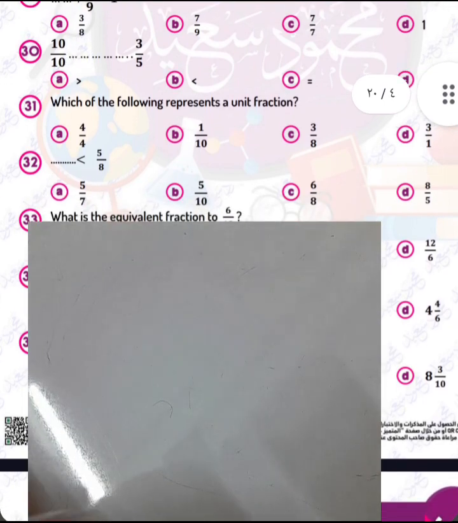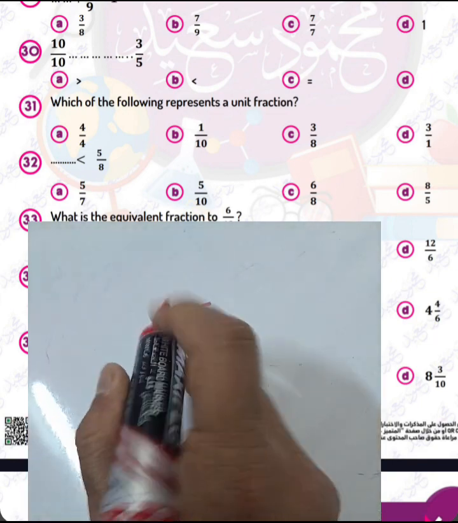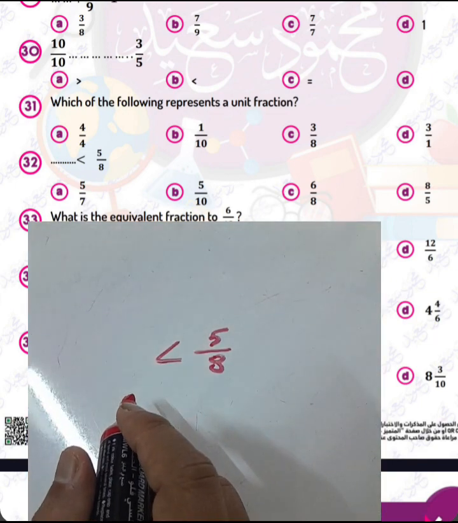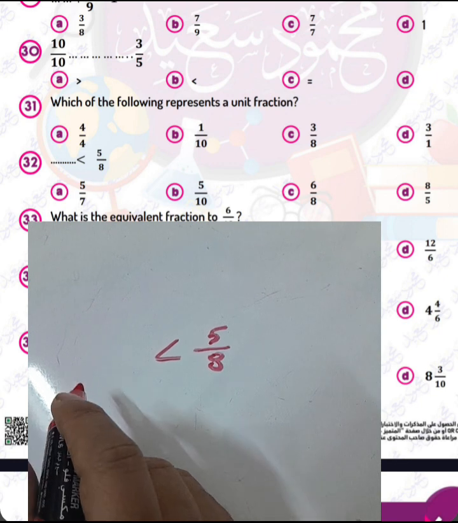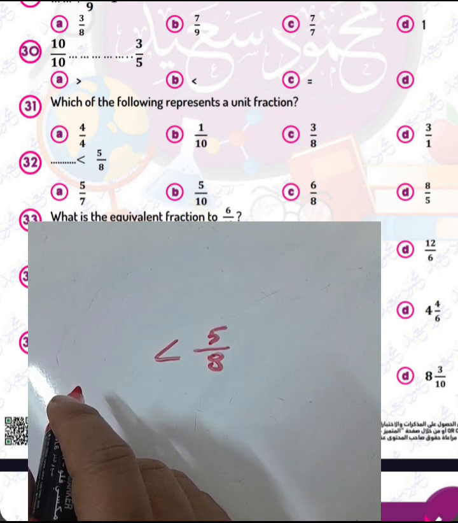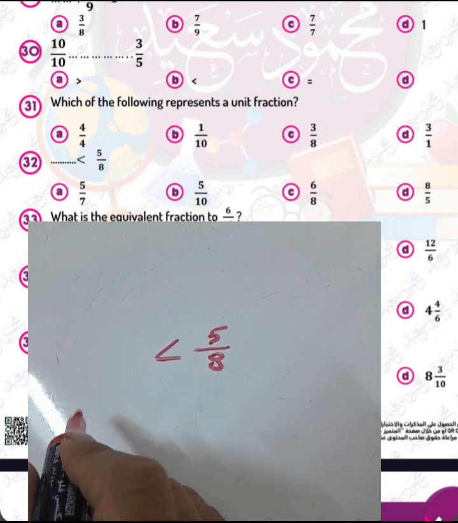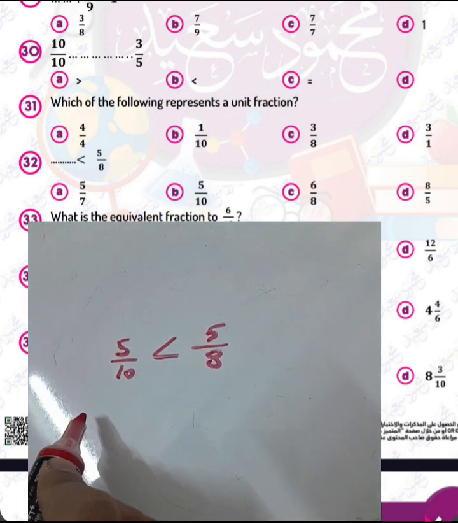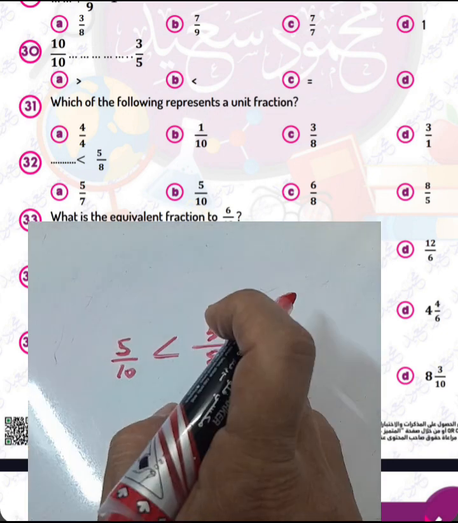Question 32. Which number is less than 5 over 8? We can write the numbers 5 over 7 and 5 over 10. We can write here 5 over 10, because 10 times 5 equals 50.